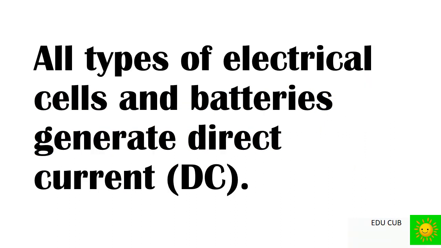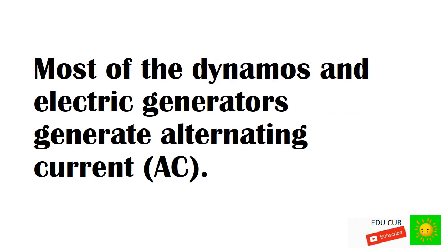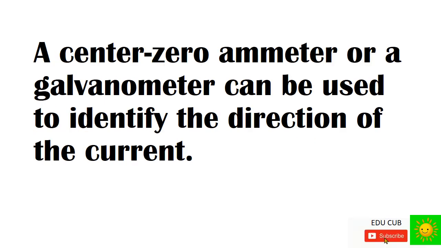All types of electrical cells and batteries generate direct current. The current that changes direction with time is known as alternating current, AC. Most dynamos and electric generators generate alternating current.